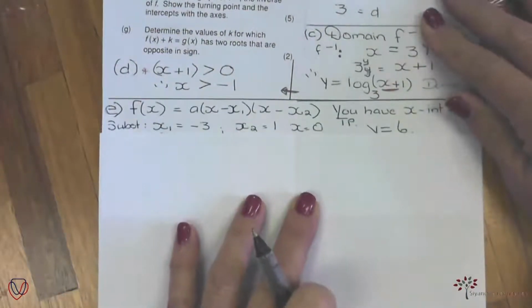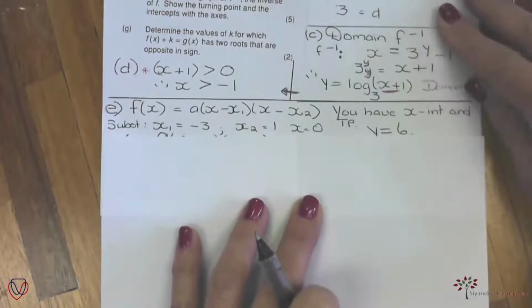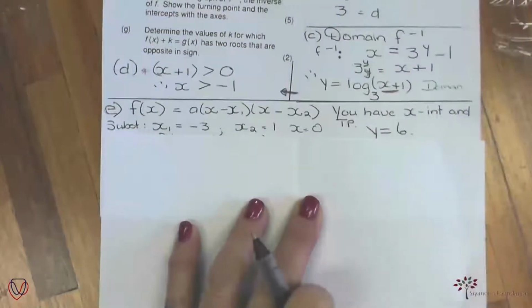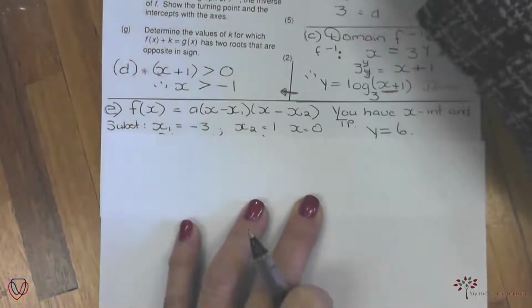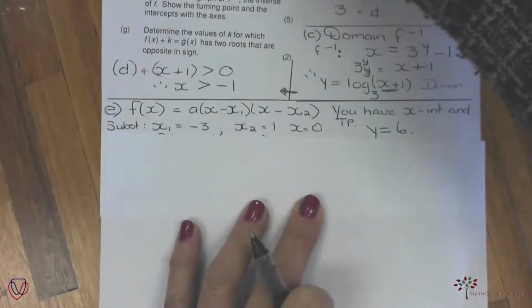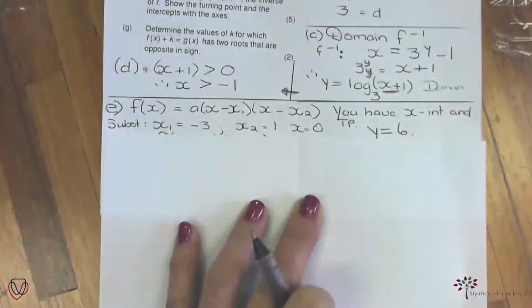Number E. Now I'm at E. Okay. They say, determine A, B, and C. Now, don't do what a child once did in the exam. He had his hand in the air and he said to me, Miss, where do I get A, B, and C? I don't see it anywhere. So I said, just go back to your question. It actually means you must find the equation of the parabola.